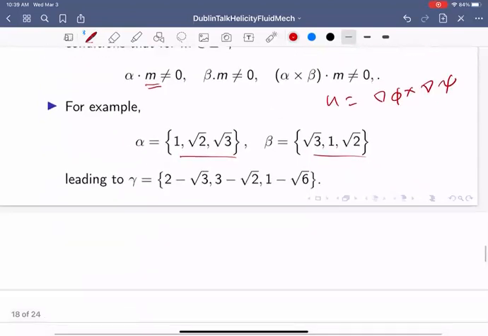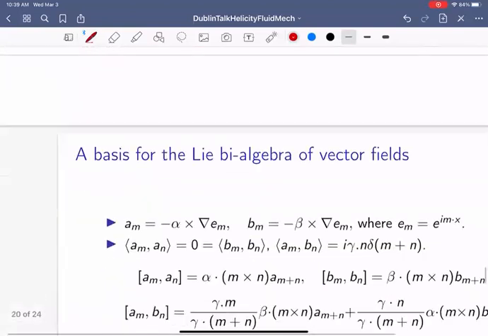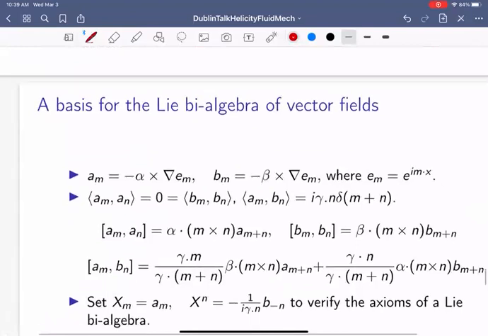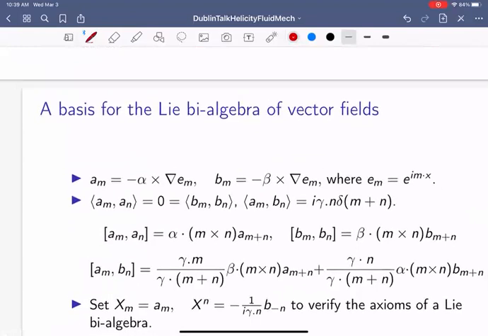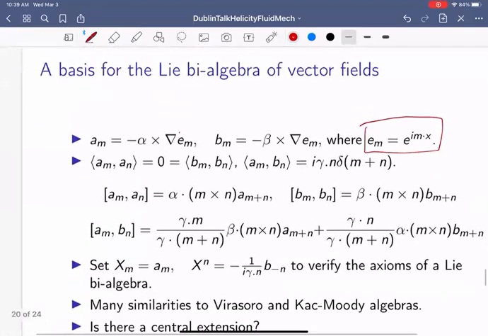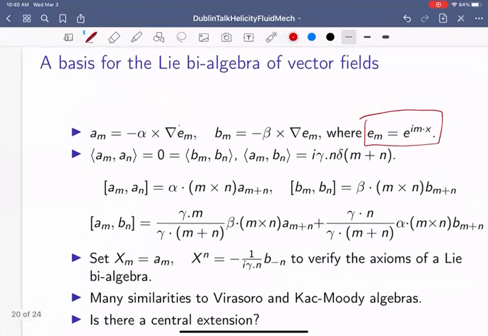Gamma is going to play a role soon in the story. Now, if I take the exponential functions, this is the basis for periodic functions on the torus. So this suggests that here is a basis for the Lie algebra of incompressible vector fields.